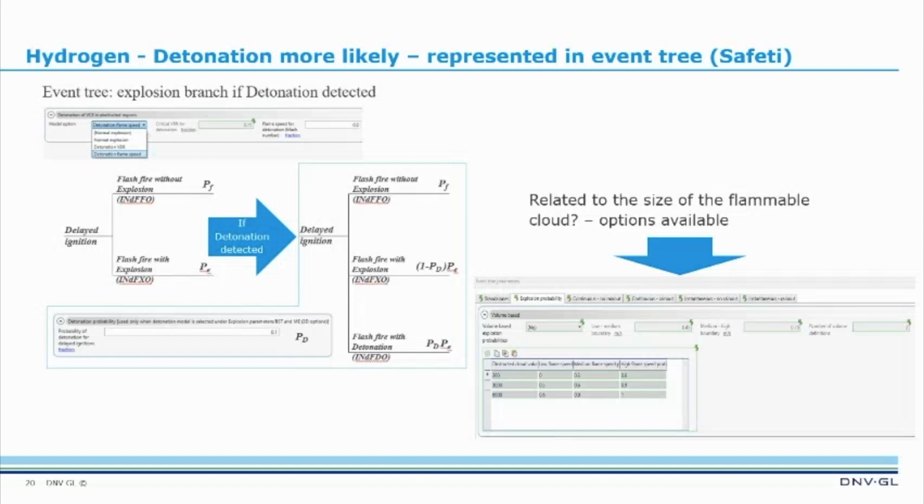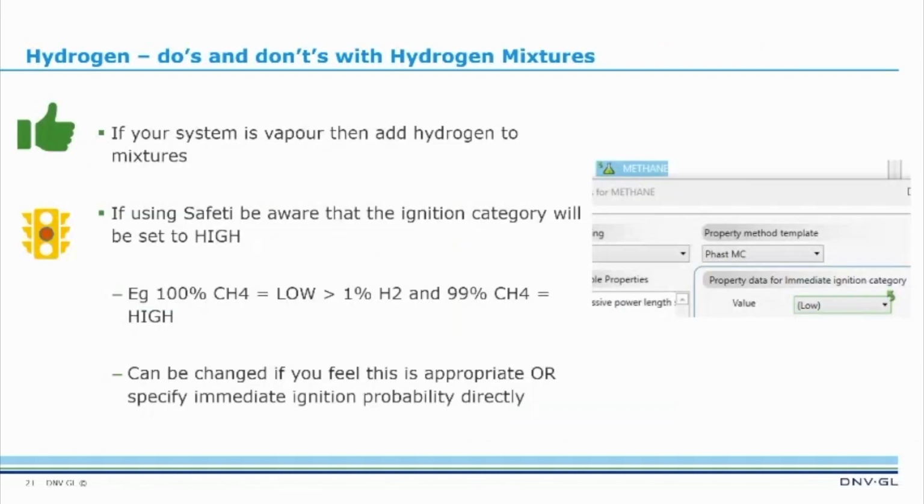So this would be a way of adjusting the probabilities depending on the cloud size, which it looks like could be a well justified way of looking at hydrogen clouds and explosions. So here you've got various options in Safeti for dealing with explosions. So that's the modelling side of it in my presentation.